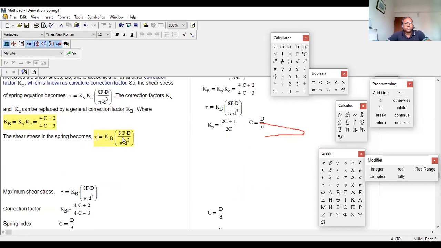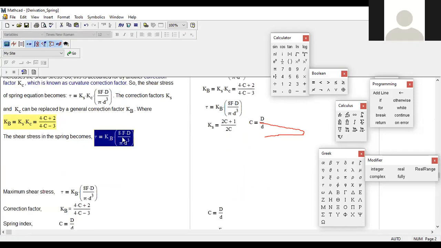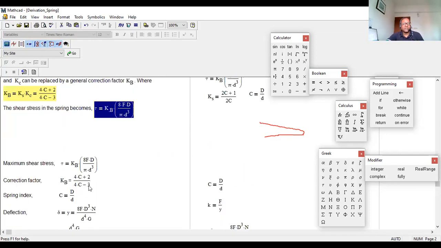So this is the formula of our shear stress in a helical spring. What is the Kb?